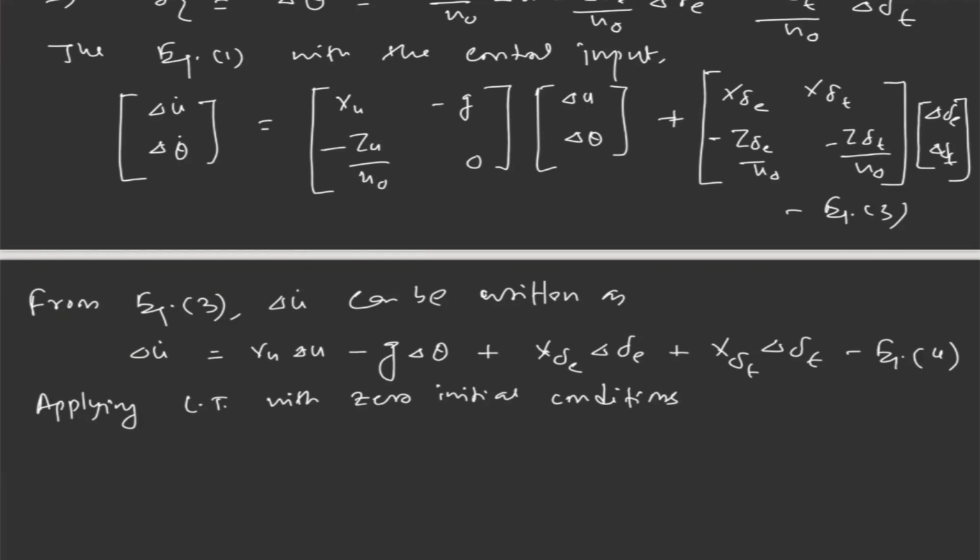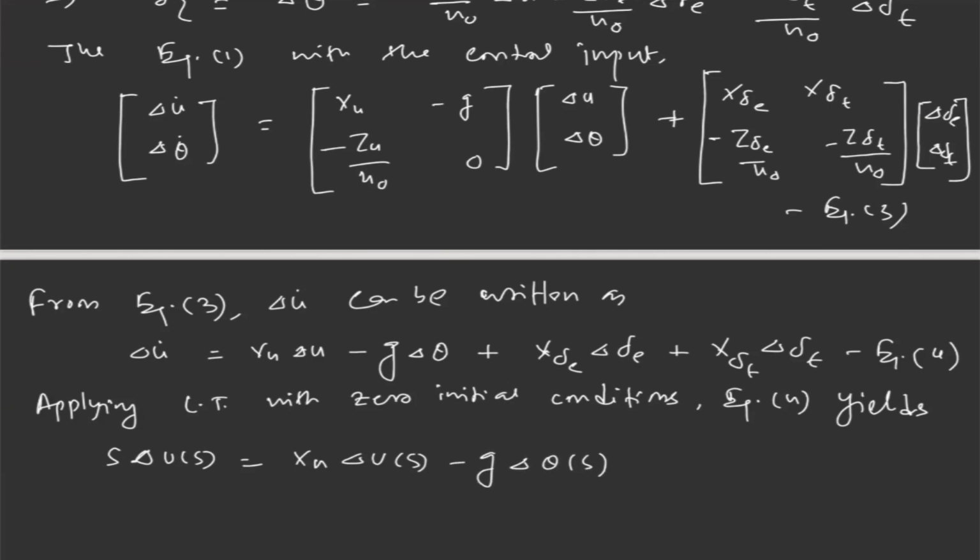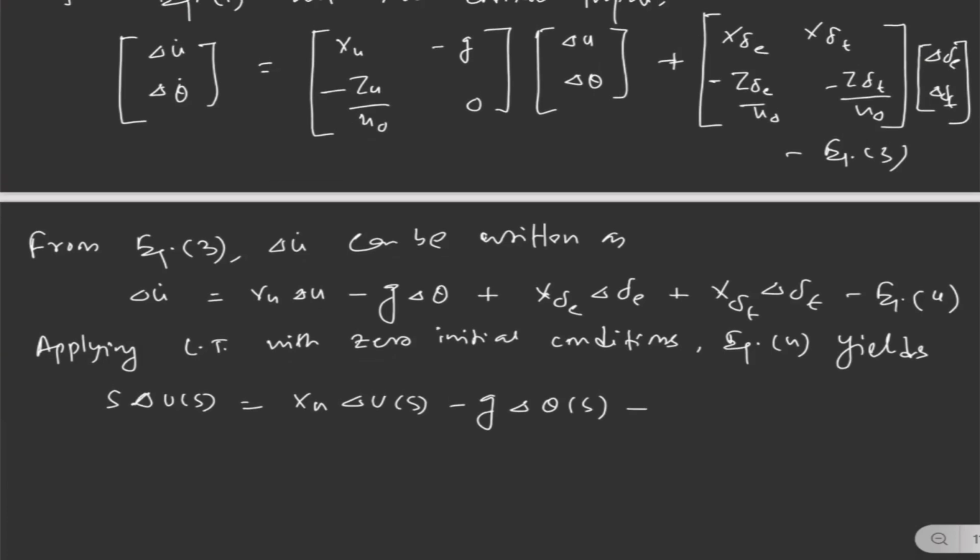Applying the Laplace transform with zero initial conditions, equation 4 yields s delta u(s) equal to Xu delta u(s) minus g delta theta(s) plus X delta E capital delta E(s) plus X delta T capital delta T(s).